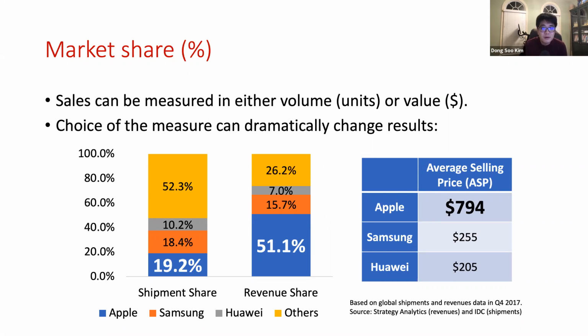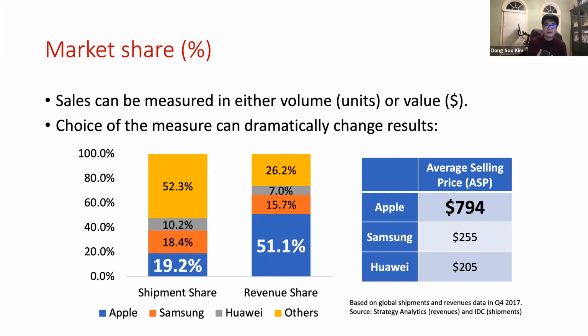The left bar shows shipment shares, which are the market shares in units shipped during the quarter, whereas the right one displays revenue shares, which are the market shares in dollar values of the units shipped. In the shipment shares, Apple just takes about 20% of the market. However, it takes more than half of the market in revenues.